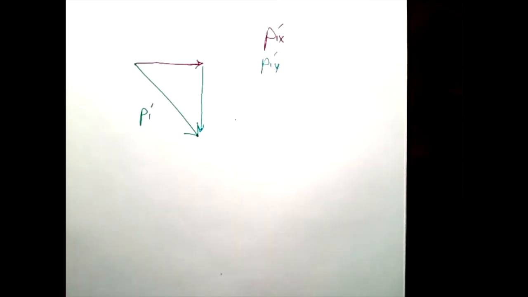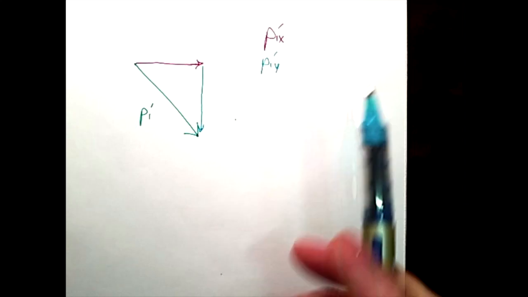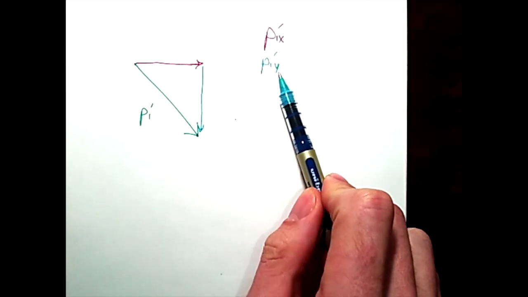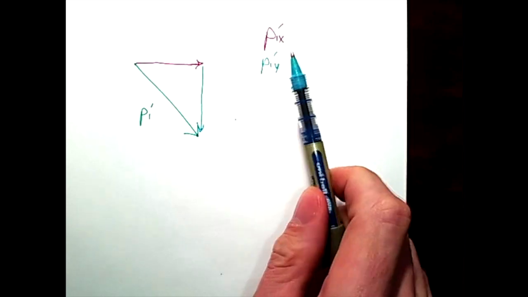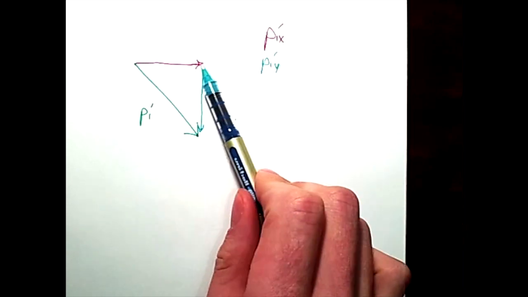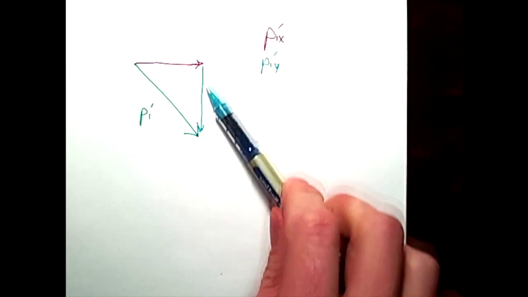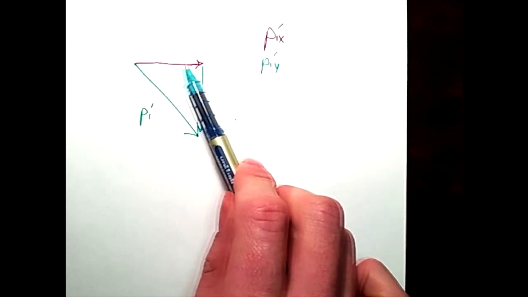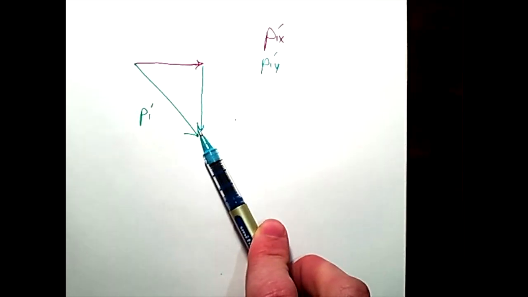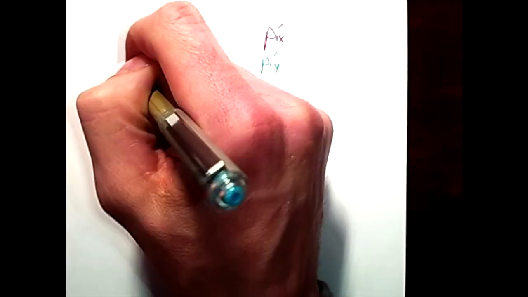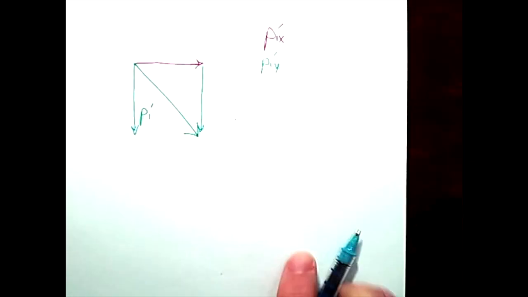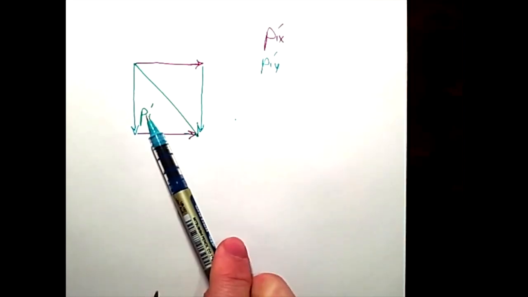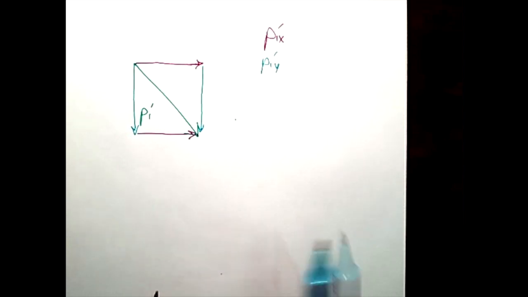Once we've solved the individual conservations in the two individual directions, we will have a value for P1x and we will have a value for P1y, both primes after the collision. What you'll find in this particular example is that P1x is a positive value and P1y is a negative value. Adding those by drawing them head to tail, meaning I draw the first one and then draw the second one, or draw the first one and then draw the second one, I'll get the same resultant, P1 prime, which is the diagonal vector pointed down like this.